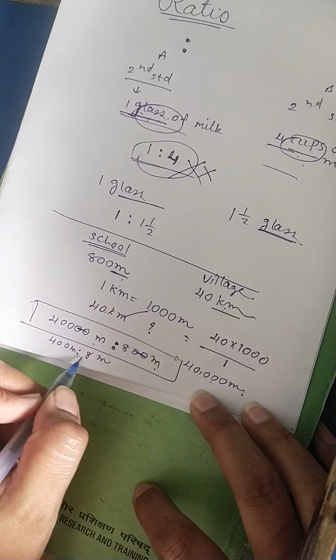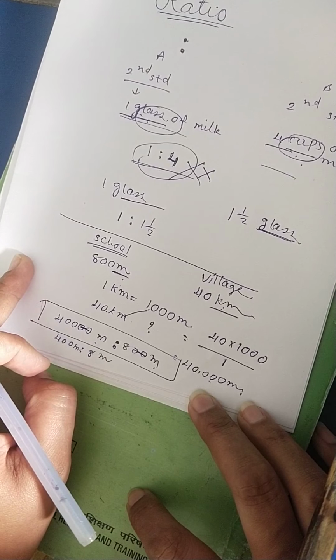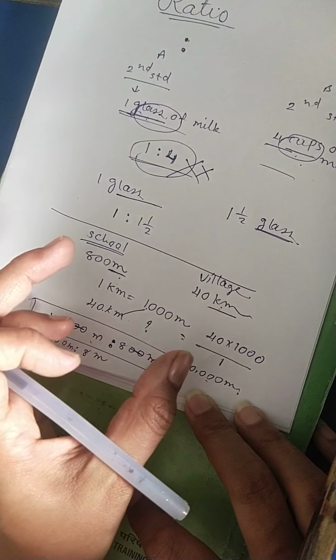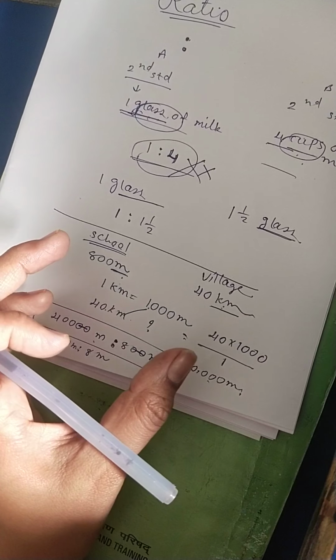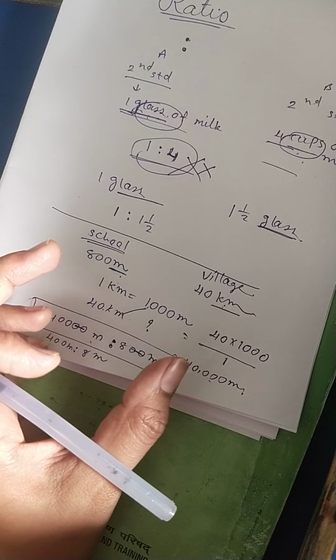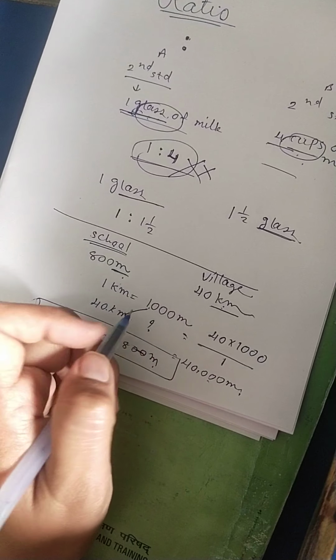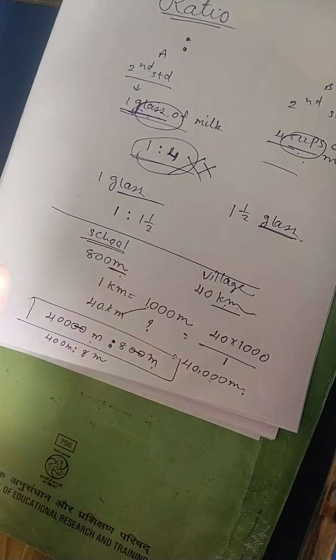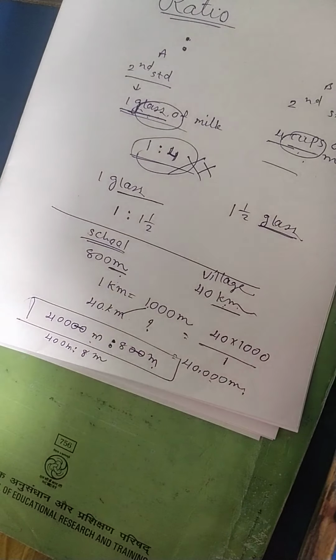Again we have to cut, but these things we will learn afterwards when we do exercises. Just remember one thing here: we can find the ratio only when we have the same unit, either meter, kilometer, hour, minutes, or seconds.